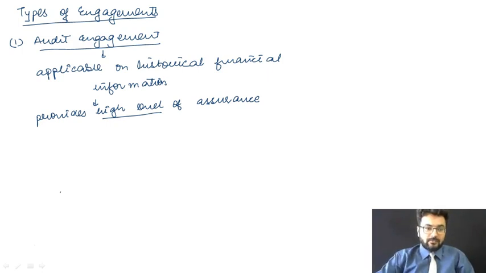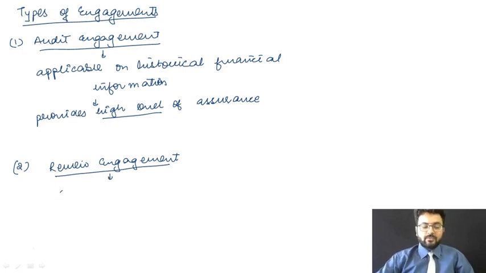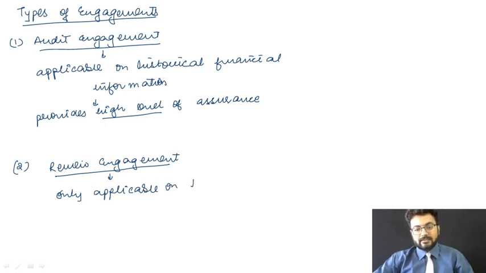The second point which is over there is review engagements. This review engagement is again only applicable on historical financial information. What does it mean by historical financial information?